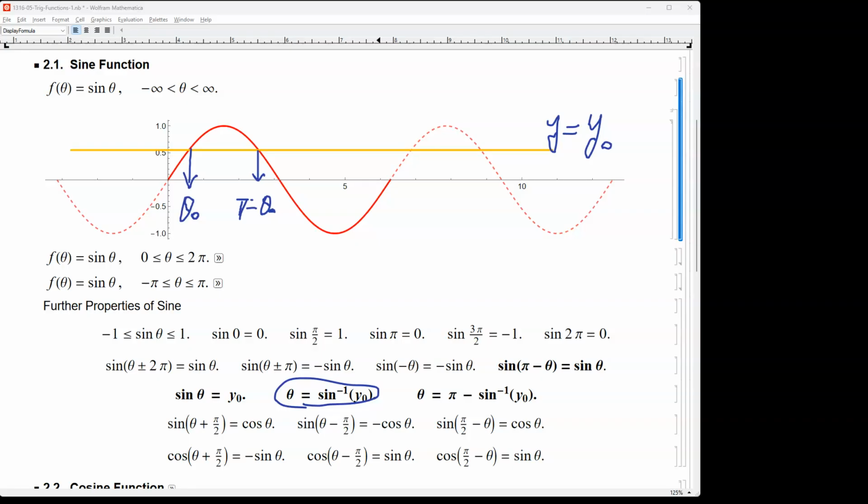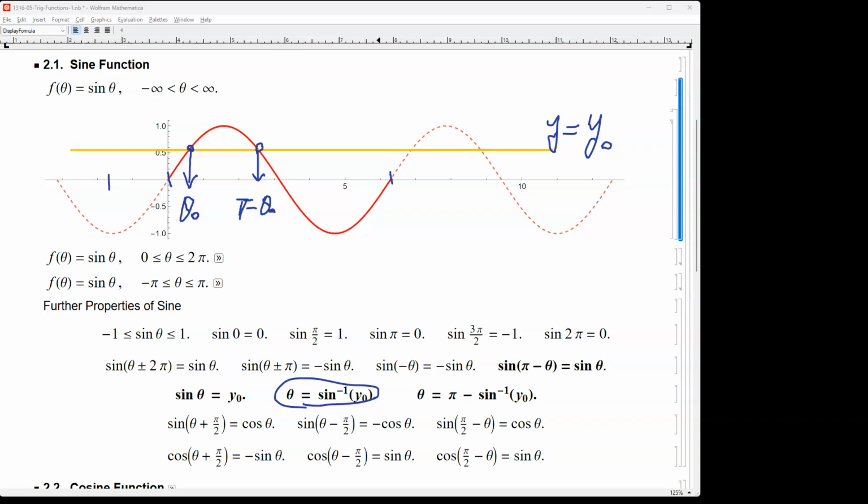So, within the principal domain, there are supposed to be two crossings. One easily coming from the arcsine, and then the other pi minus of that. As a matter of fact, I just misspoke.